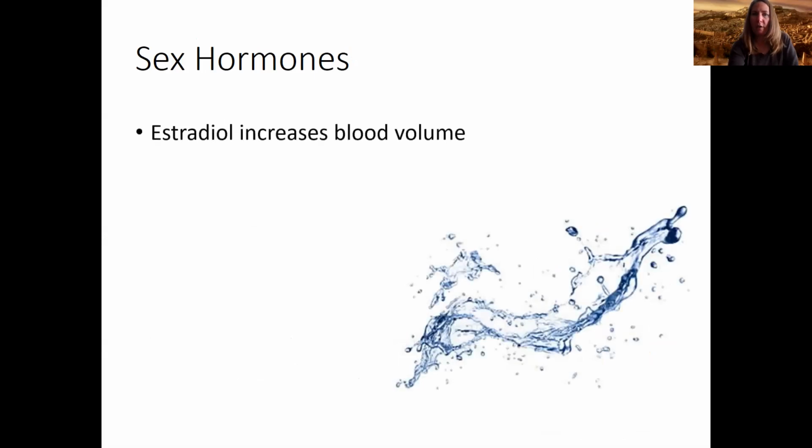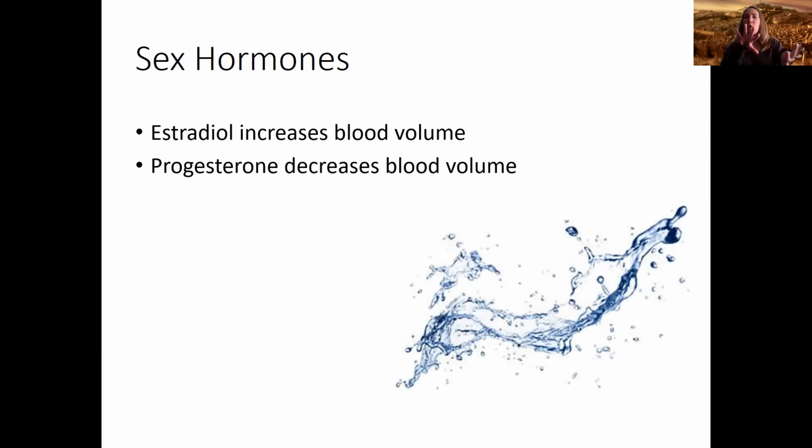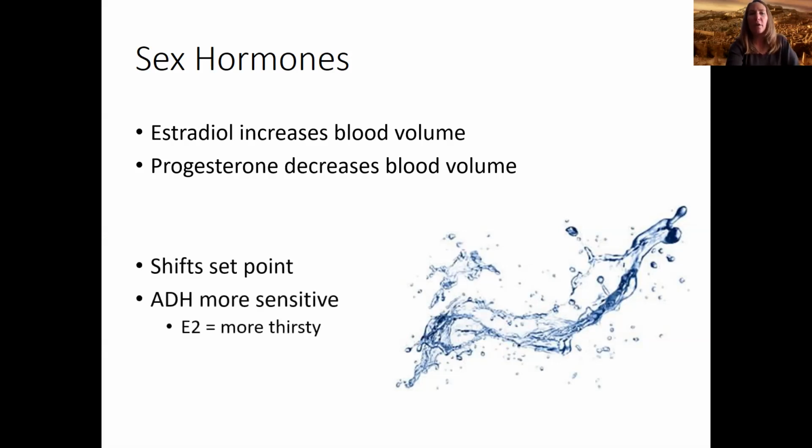Okay, so a note on sex hormones. Estrogen, estradiol, E2 does increase your blood volume, and progesterone decreases your blood volume. This will happen throughout the menstrual cycle, where if estrogen is high, blood volume increases. So this does shift the set point.